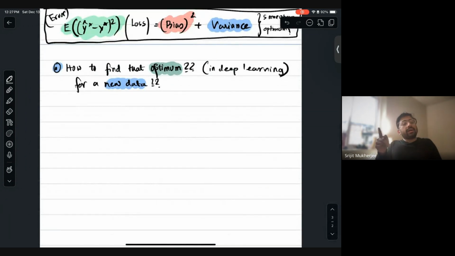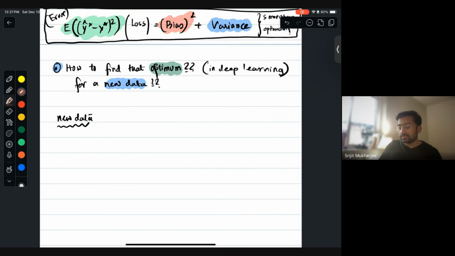So for a new data, how to find the optimum? That's the question. For the new data purpose, we have built this train, validation, and test framework. And for the optimum, it's actually both.